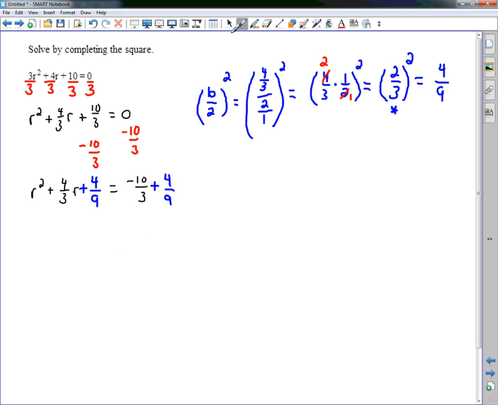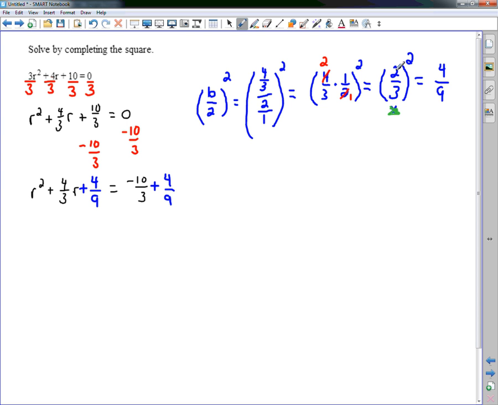Now the left side, what we've created is a nice perfect square that's going to factor. We're going to try to find the two numbers that multiply to give us 4/9 and add to give us 4 thirds. Well, when it's fractions like this, it's pretty hard to do. That's the reason why we starred this.